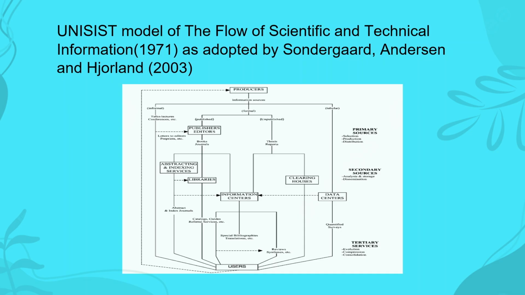Before going to the end users, the information may be acted upon by several agents like distributors, publishers, and in the secondary channels there may be roles of librarians, information centers, clearing houses, abstracting and indexing services, etc. And when the users use and assimilate that information, they are able to generate new information.